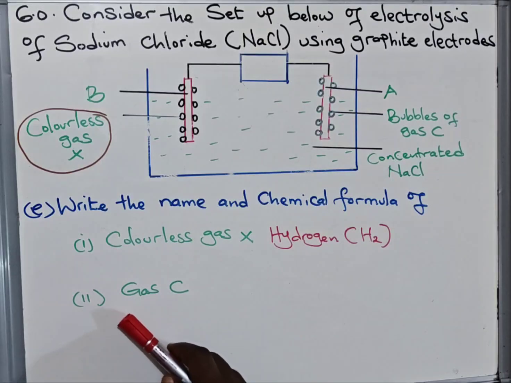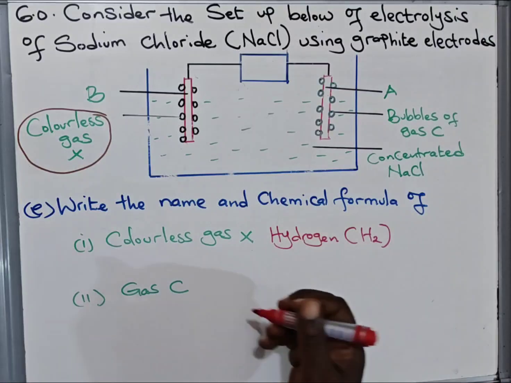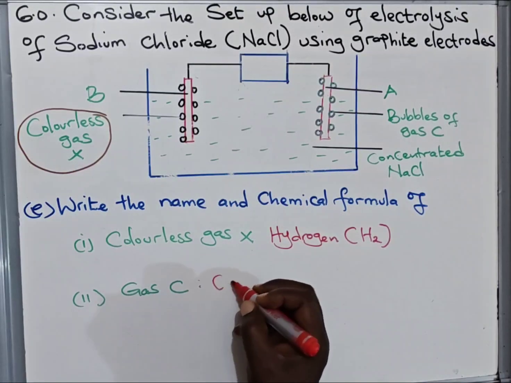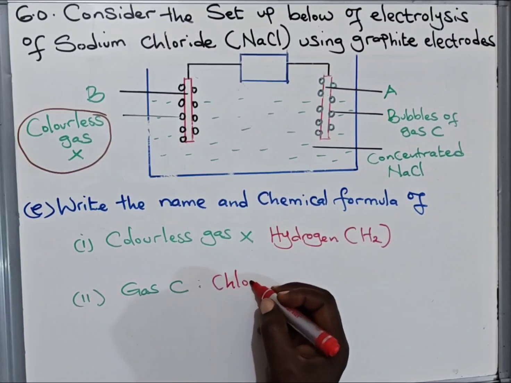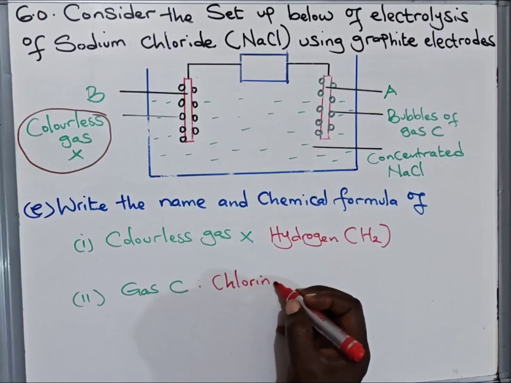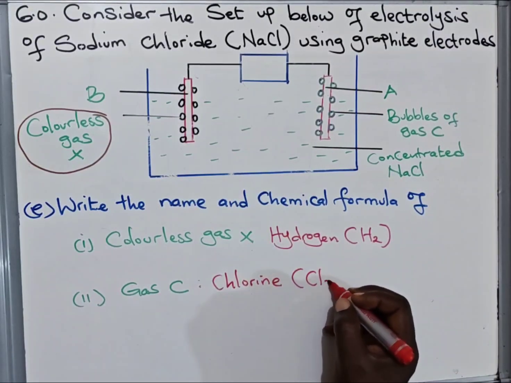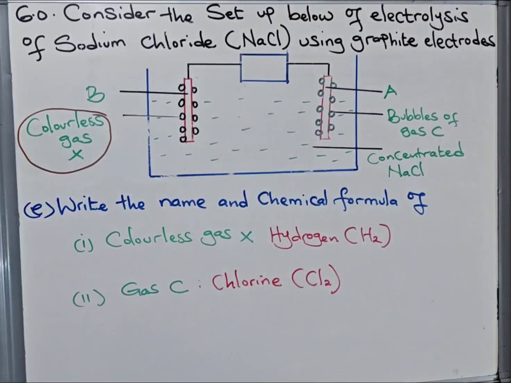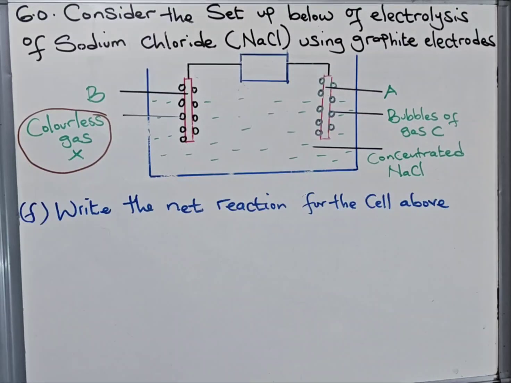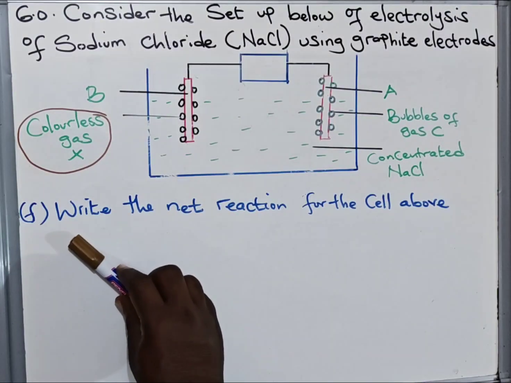Then gas C, we said it was chlorine. And what's the formula? Cl2.